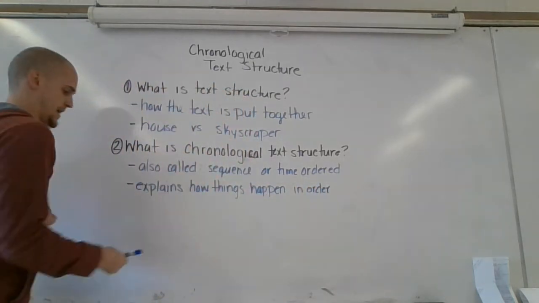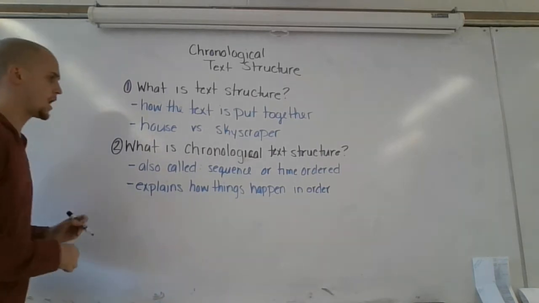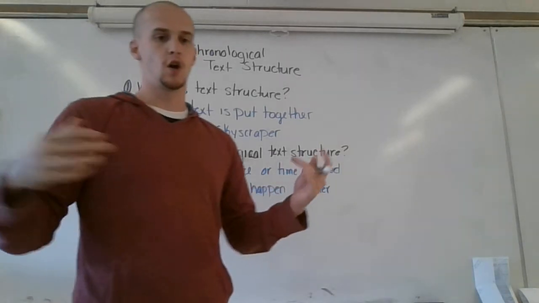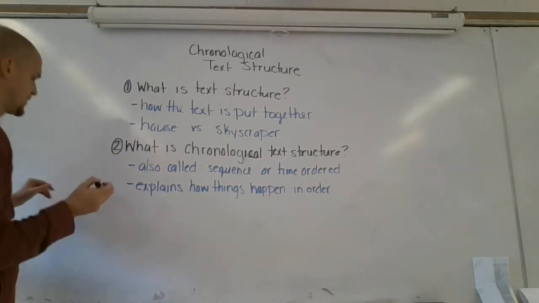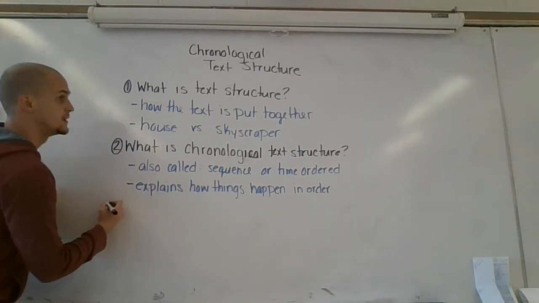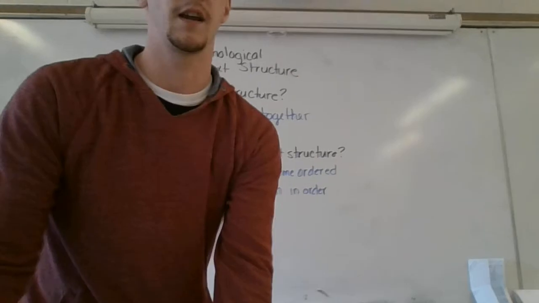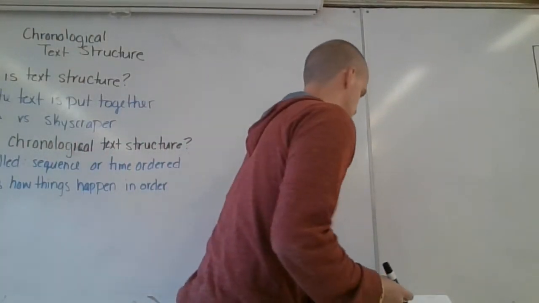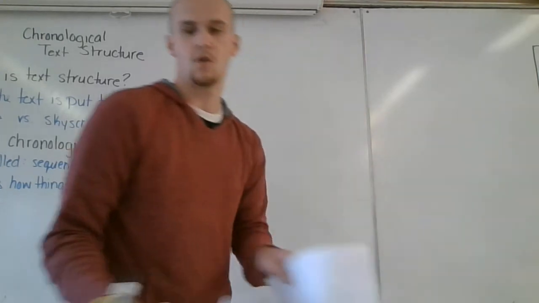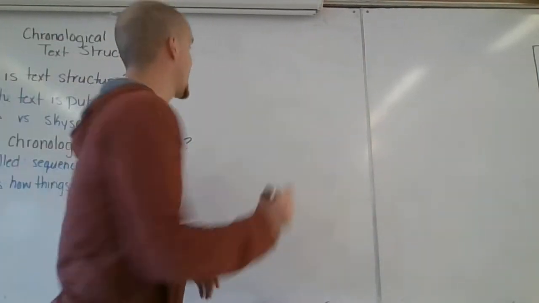All right, in the correct order. So that is your chronological order text structure. And so now the last one is what and how. I'm going to move over here so that I have a little bit more space.